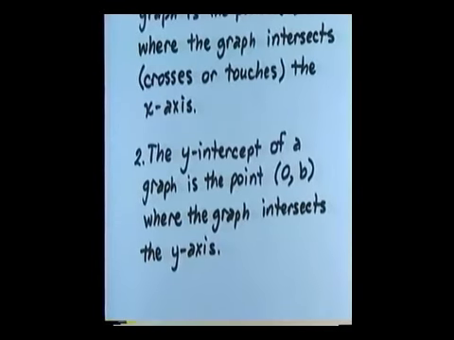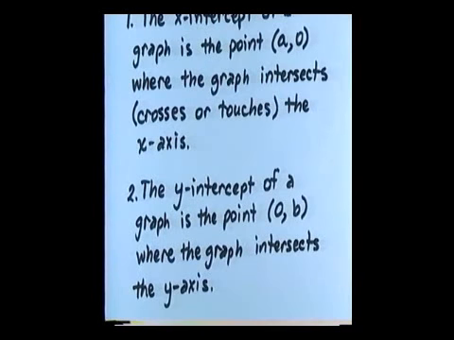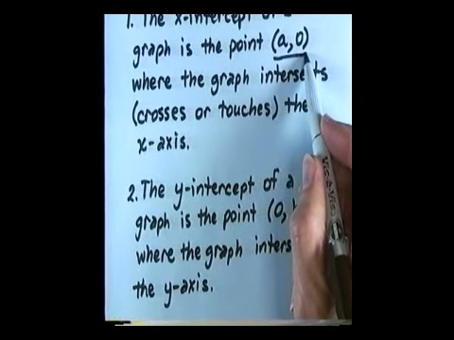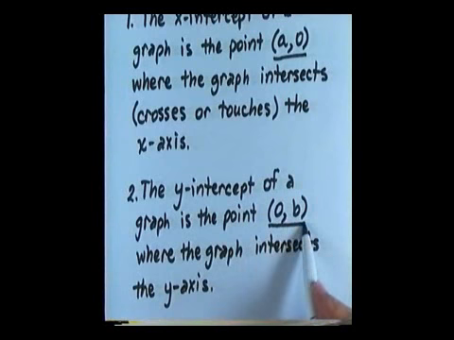Similarly, the y-intercept of a graph is the point (0, b), where the graph intersects the y-axis. So we're working with 2 points, the x-intercept and the y-intercept. The x-intercept has coordinates (a, 0). The y-intercept has coordinates (0, b).